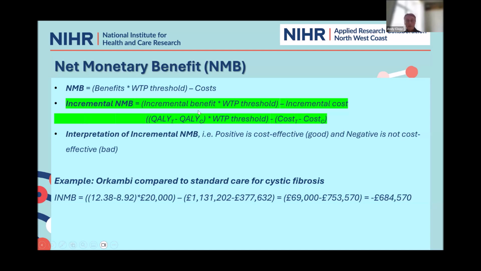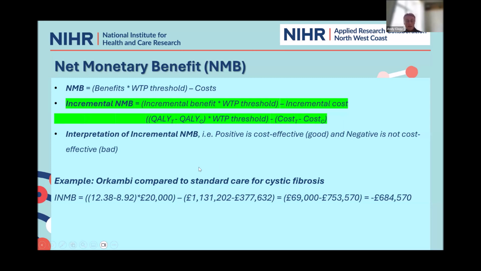So it's the incremental benefit times the willingness to pay threshold minus the incremental cost. In most cases, it's going to be the QALY that's used. So it's the difference between the QALYs that the treatments offer times the willingness to pay threshold minus the cost. If you get a positive value, it suggests it's cost effective. If you get a negative value, it's not.